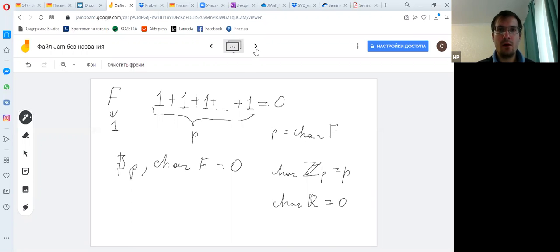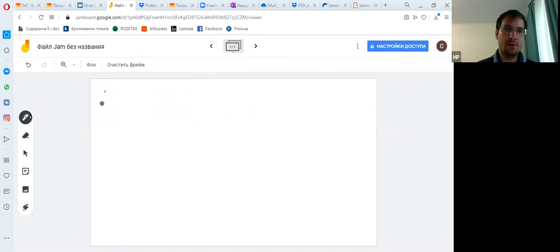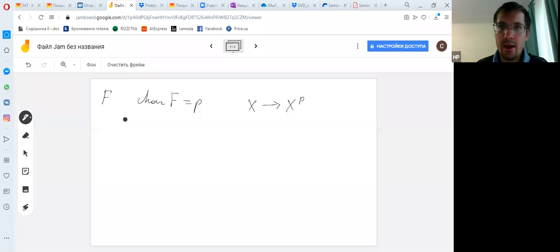Okay, and now we have a field F with characteristic p, and we consider the following mapping: x maps to x to the power p. We need to prove that this is injective and that this is a homomorphism.